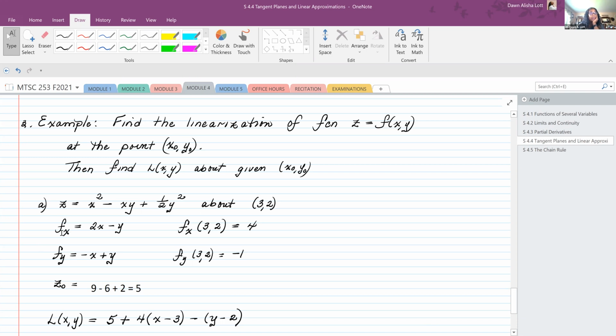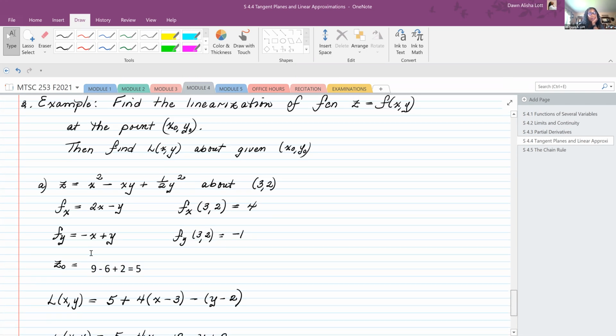Okay, f sub x, 2x minus y. When I plug in 3, 2, I get 2 times 3 is 6, minus 2 is 4. I'm good with that. F sub y is -x plus y. I get -3 plus 2 is -1. Okay, so that's right.